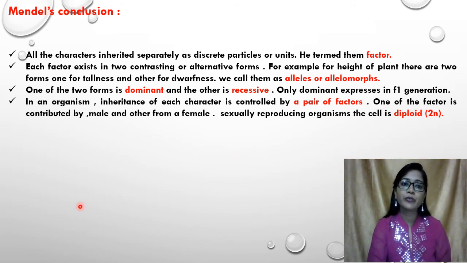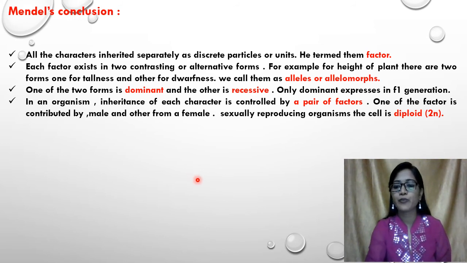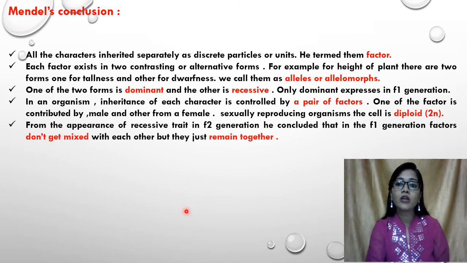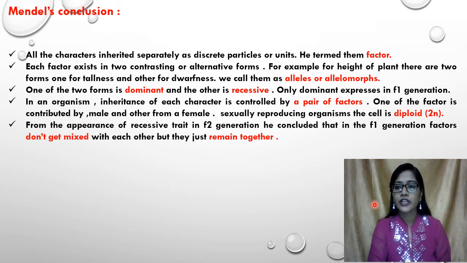So in sexually reproducing organisms, the cell is diploid in number, but when we talk about the gamete formation, from the appearance of recessive trait in F1 generation, he concluded that the gametes don't get mixed, but they just remain together.